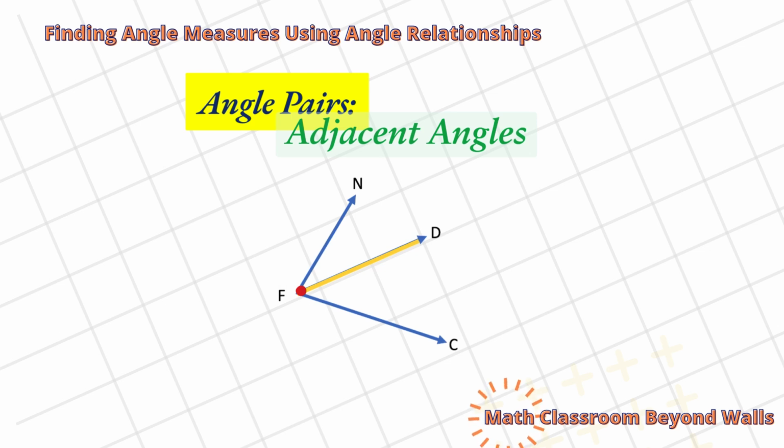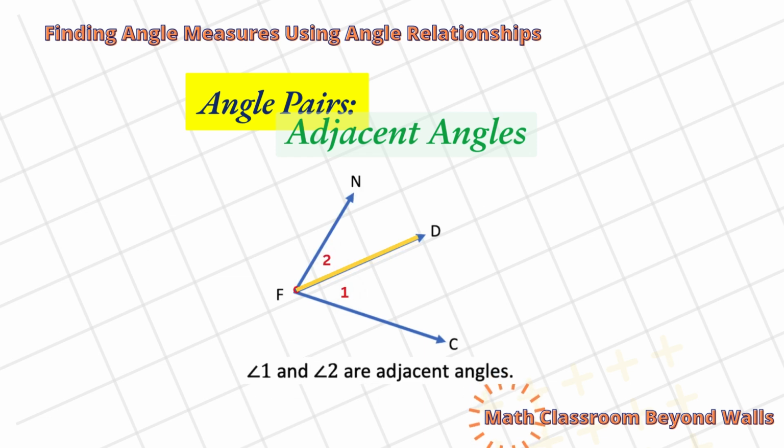Here, we say angle NFD is adjacent to angle DFC, or we simply say angle NFD and angle DFC are adjacent angles. If the angles are labeled using numbers like this, we can also write this: angle 1 and angle 2 are adjacent angles. Here, we are referring to the same angles we named earlier. Going forward, we will be labeling angles using numbers for ease.